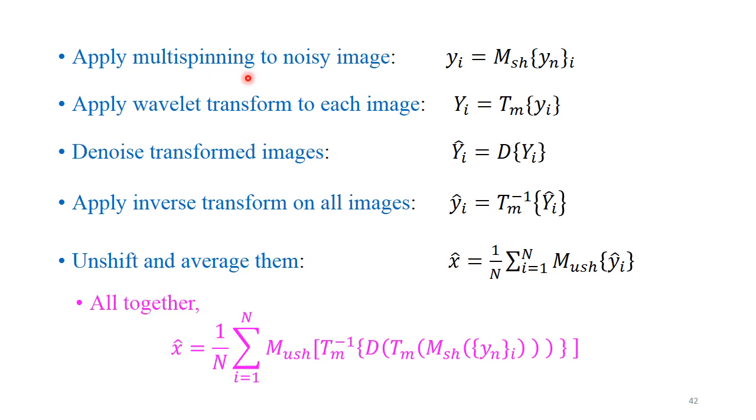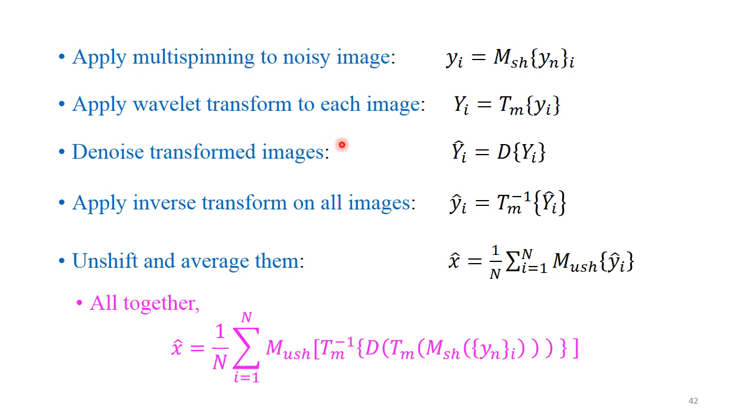Apply multi-spinning, then apply wavelet transform to each image. Then denoise the transformed images. For denoising, two methods you have to remember, term by term or considering the neighborhood. Both of these have been verified. And then apply inverse transform to all the images, unshift and average them.